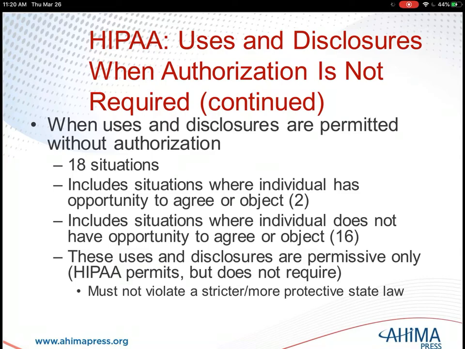Okay, so back over to 224. Now, we have two examples where the HIPAA privacy rule relaxes the authorization requirement, but your covered entities may adhere to more stringent practices. So let's read through these.